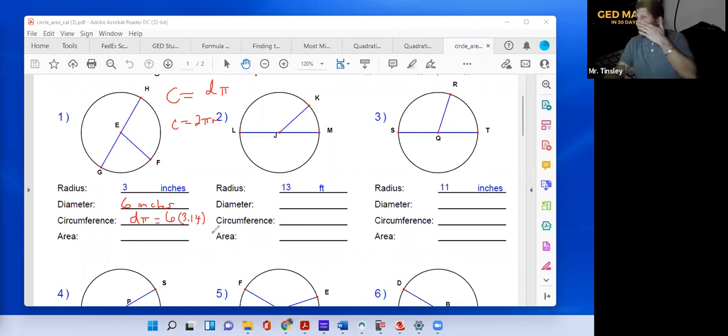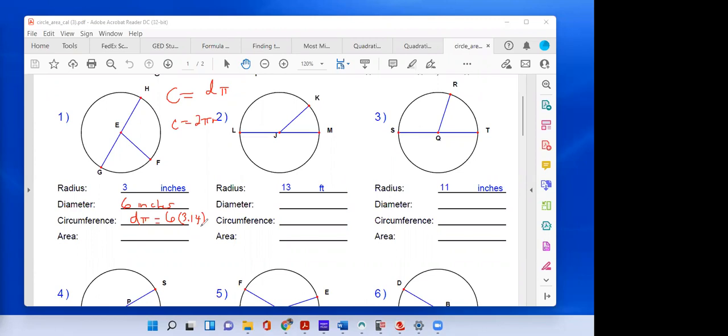You would put that in your calculator and you would get 18.84. Right. So the one we just did is the formula C equals diameter times pi, right? Correct.